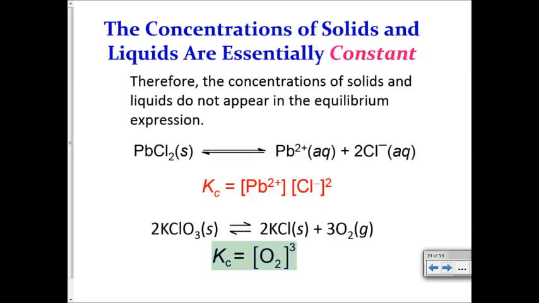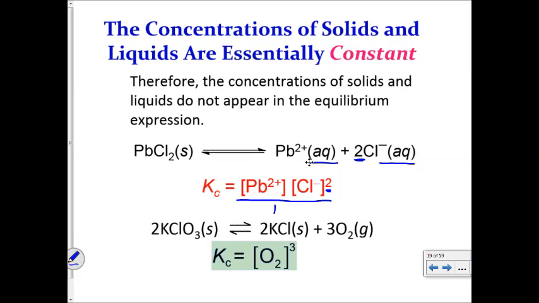But the solid on the left does not play a role. So the only things you would put into the expression are the ones that are aqueous here. And this one has a 2, so we raise it to the second power. It's like putting it over 1 though, since there's no real reactant there. You don't need to write it over 1, but just realize since there's no reactant there, it's essentially over 1.